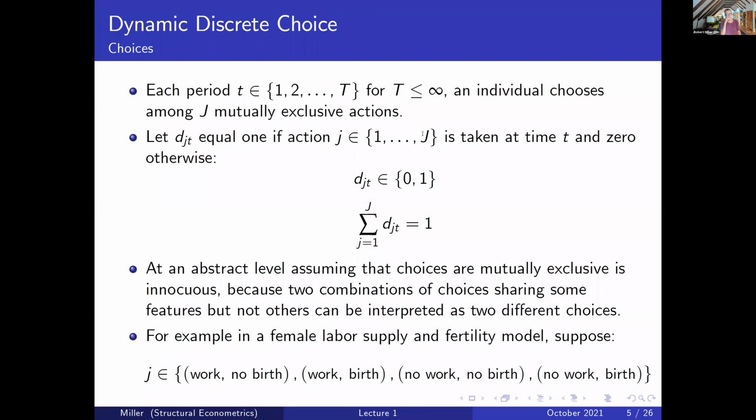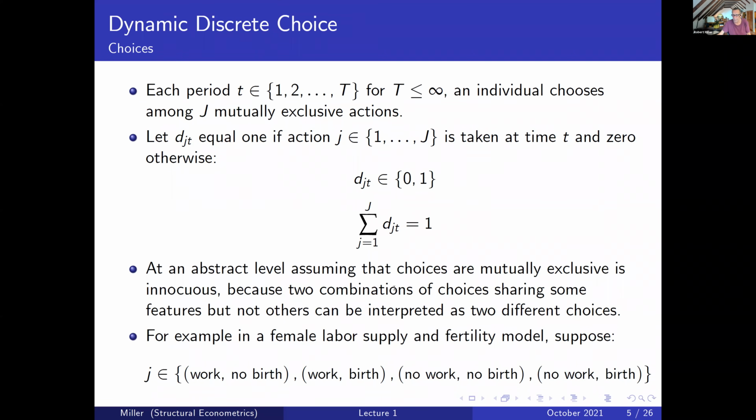And since they're mutually exclusive and you're choosing one of them, the jth action is either chosen, that's the one, or not. Exactly one of them has to be chosen, so the sum of these things is equal to 1.